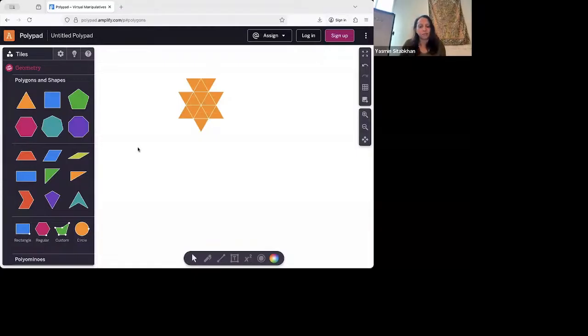I have no idea. I'd have to look it up. But if anyone knows, what do we call a shape with 13 sides? Anyone?